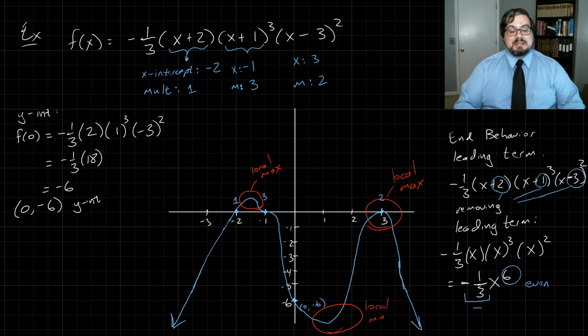In this case, we can see that we have at least 3 of them. We don't have a whole lot of information about what this function does, especially between -1 and 3. There could be other things in here.